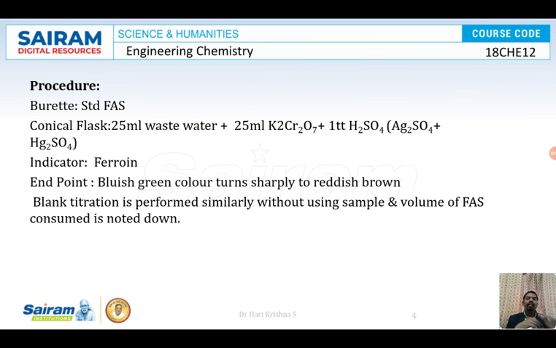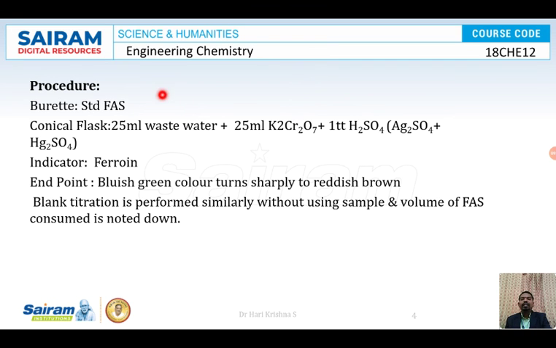That 15 ml will react with FAS, and whatever endpoint volume of FAS is run down is for the unreacted dichromate present in the K2Cr2O7. Now I'm supposed to find out the exact volume of K2Cr2O7 used up by the wastewater to oxidize the waste present. For that, we perform a blank titration. What do you mean by blank titration? Blank titration means we take everything in the conical flask except the sample.